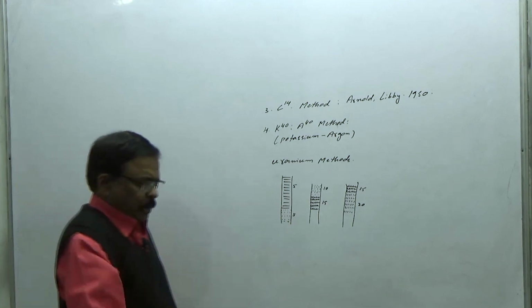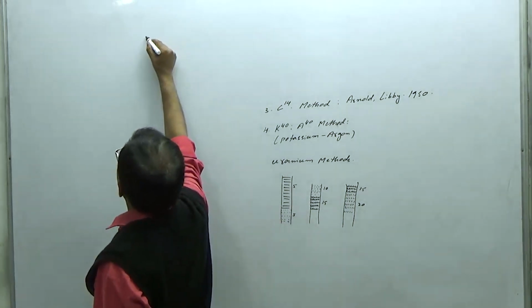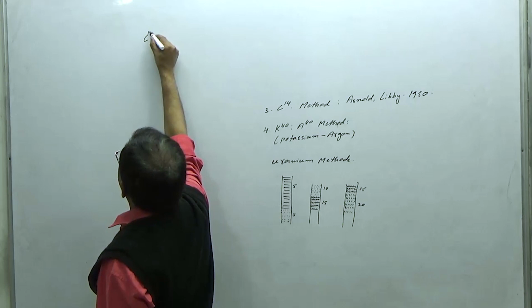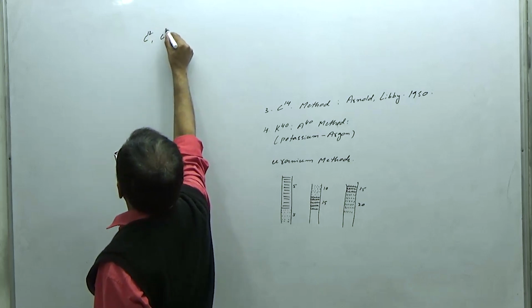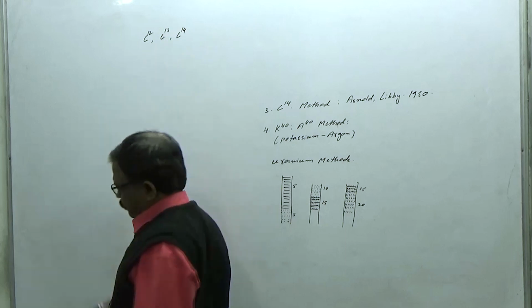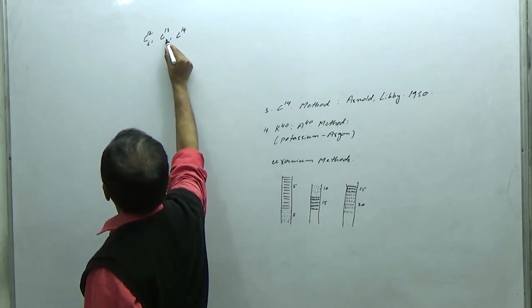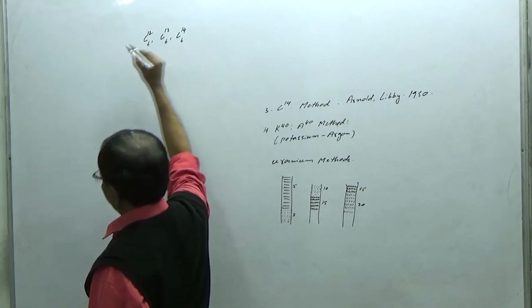See, in the atmosphere, C12, C13, C14, these are the carbon isotopes present in the atmosphere.